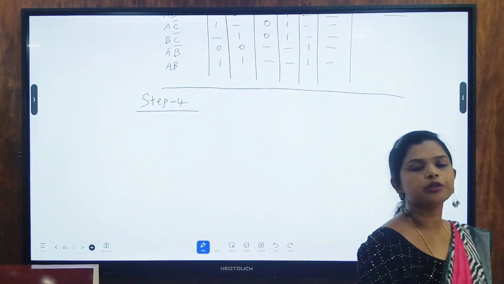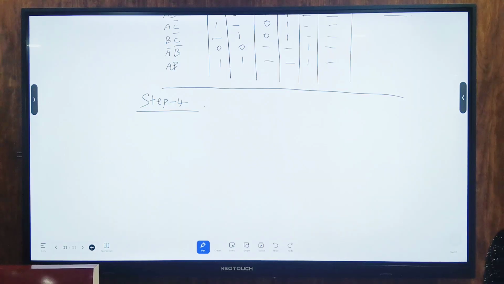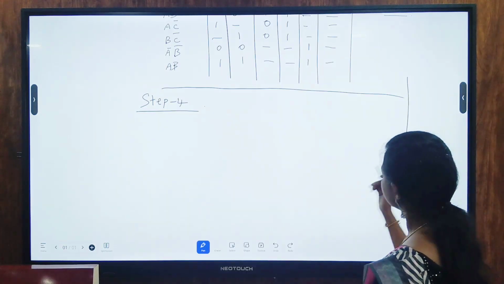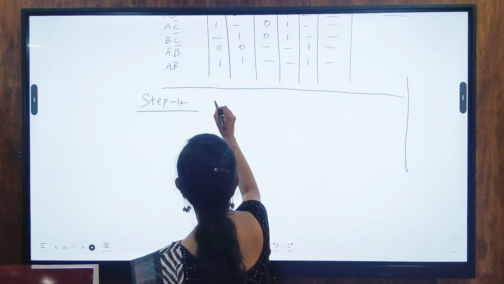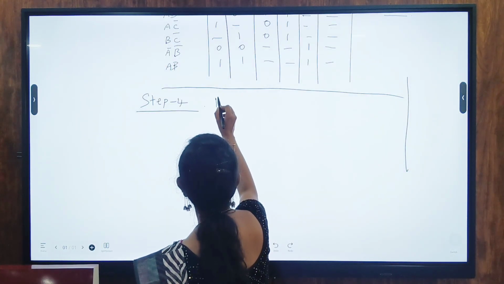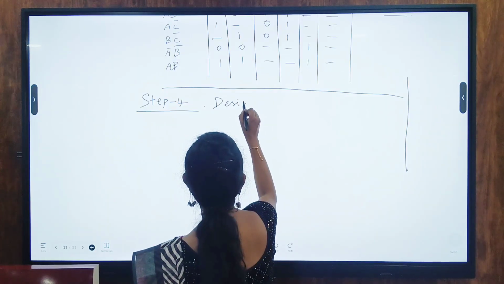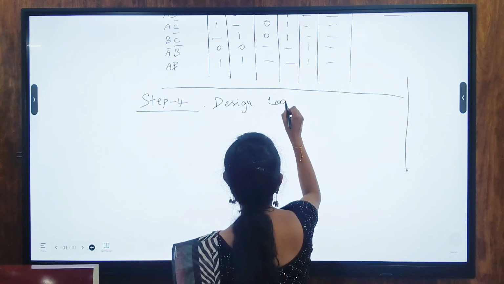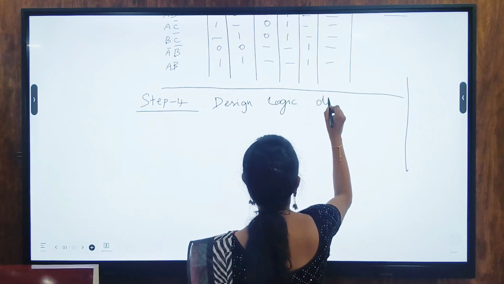Step 4: I am going to draw the logic circuit diagram by referring to the expression. We are going to implement the expression and design the logic diagram.